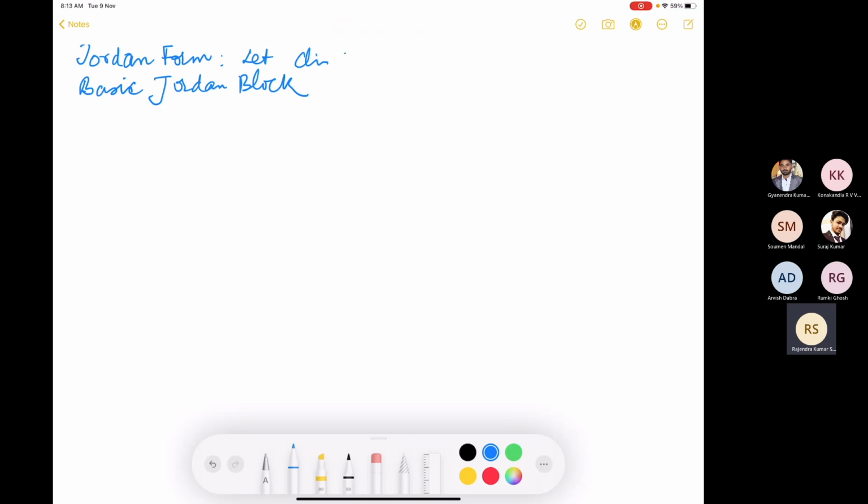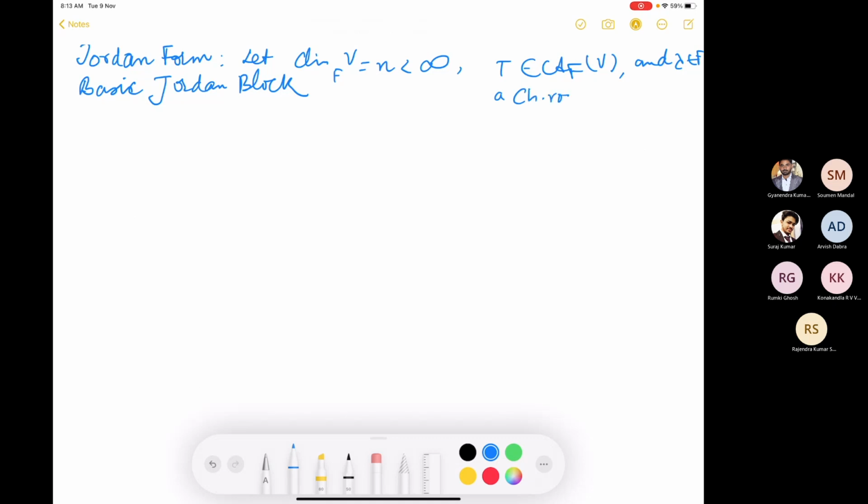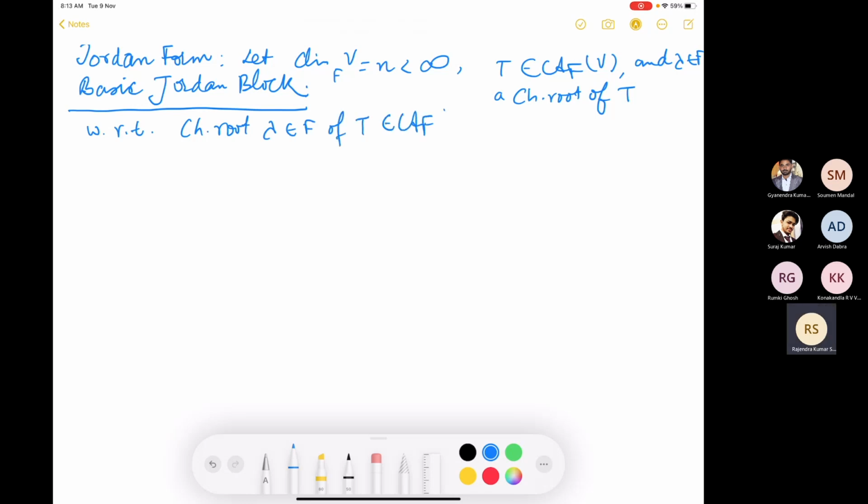We assume that the dimension of the vector space V over F is n, finite, and T is a linear transformation on this, and lambda in F is a characteristic root of T. So the basic Jordan block with respect to the characteristic root lambda in F of T is a square matrix of this form.